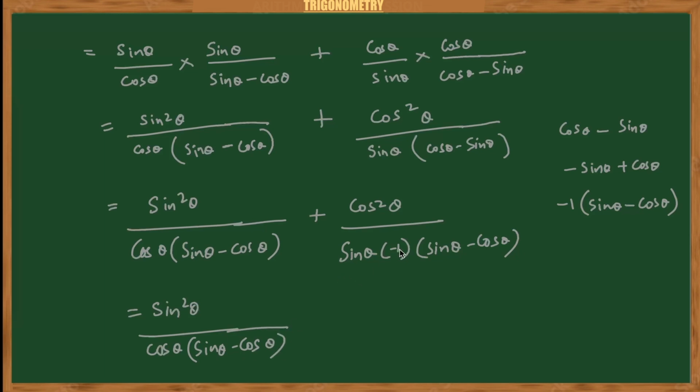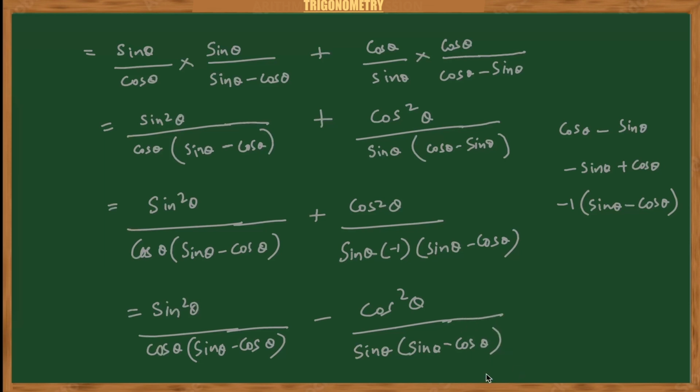Since it's a multiplication, minus into plus becomes minus, so minus cos square theta divided by sin theta into sin theta minus cos theta.